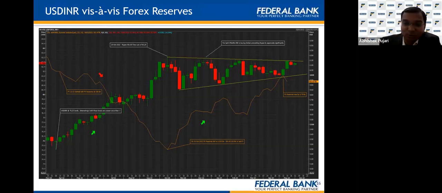What earlier used to happen before 2020, US Fed fund rates were near zero, and India's repo rates were around 6.5%. Because of that, we used to get roughly around 4.5% of annualized yield on our forward premiums.